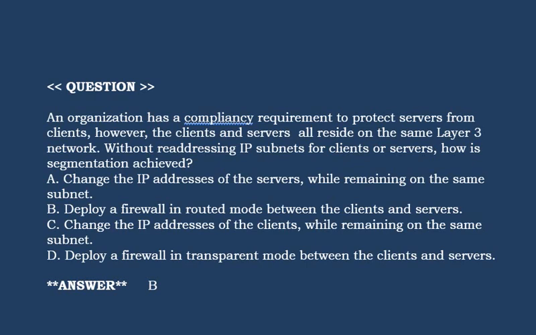Option B, deploy a firewall in routed mode between the clients and servers. Option C, change the IP addresses of the clients while remaining on the same subnet. Option D, deploy a firewall in transparent mode between the clients and servers. Correct answer is option B.